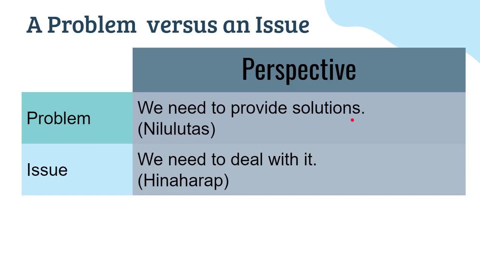In our vernacular terms, ang problema ay sinusolusyonan or nilulutas. Okay? An issue, on the other hand, need not be solved immediately. Again, need not be solved immediately. But we need to deal with it, or we need to face it. Or in our vernacular term, hinaharap natin ang mga issues.